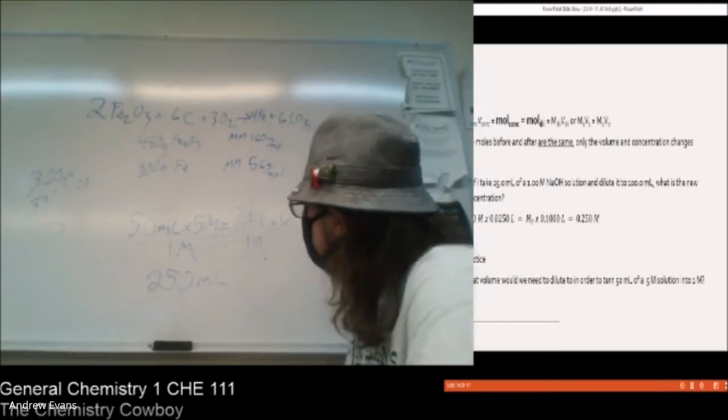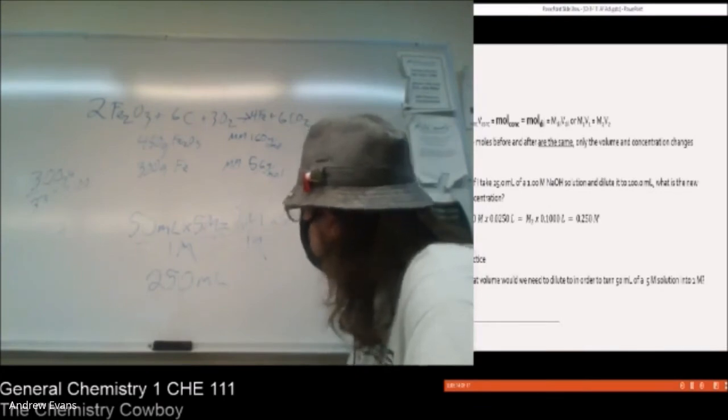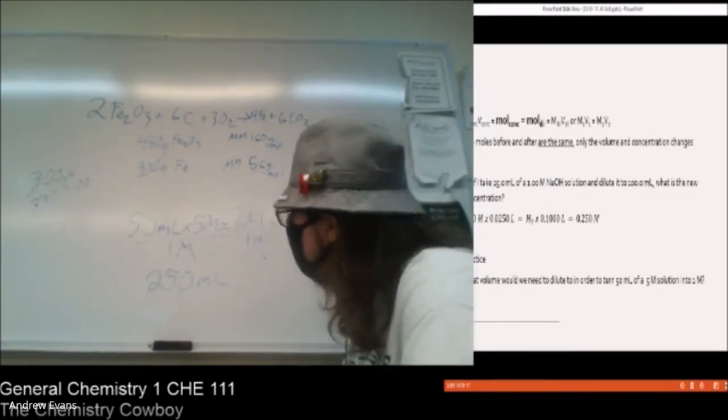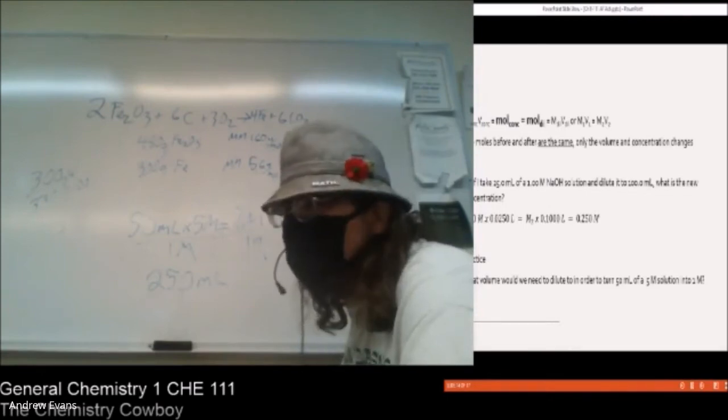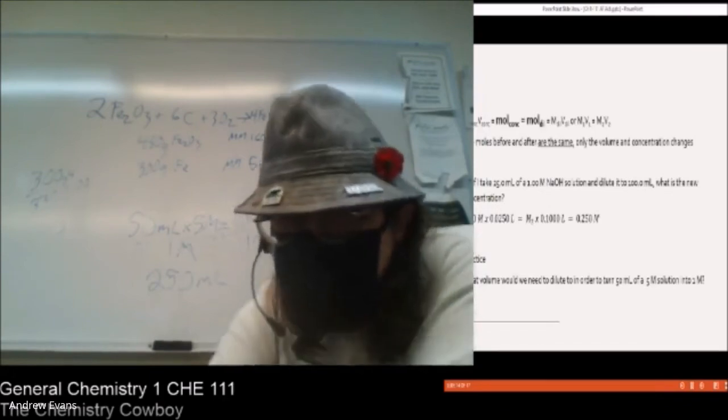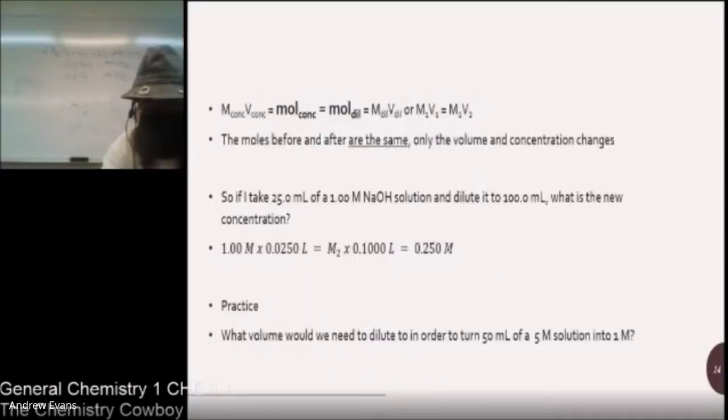But right now, since the units are the same, they cancel out. So in order to dilute 50 mils to get a 1 molar solution, I would have to add another 200 to make the total 250. And that's what I would do to dilute that down to the proper concentration.